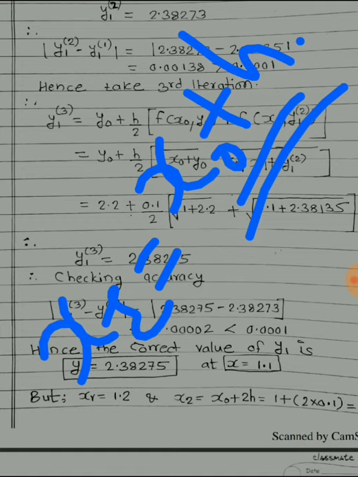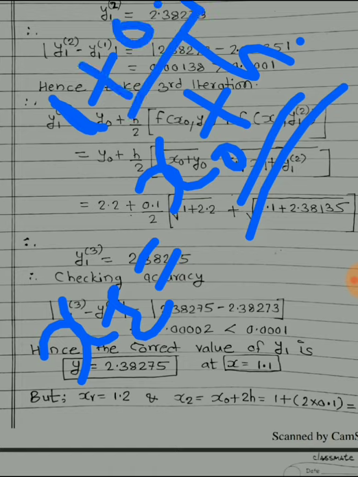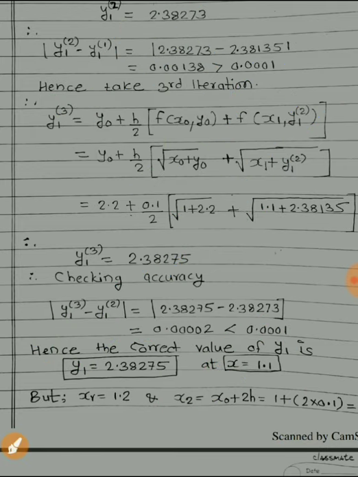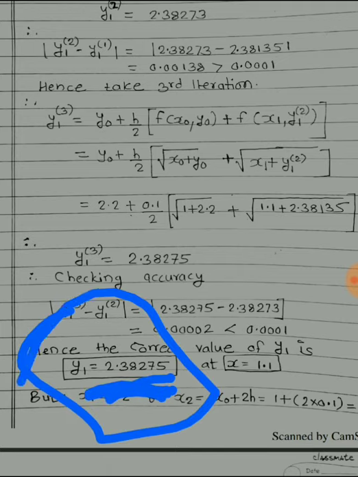Okay, so x0 was 1 plus step size was 0.1, hence it has become 1.1. So at x equals 1.1, the value of y is 2.38275.